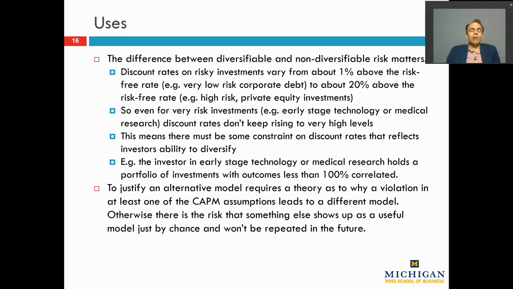And so even though there can be astronomical risk associated with any particular investment, the discount rate is not going to be at an astronomical level. And that is because of investors' ability to diversify.